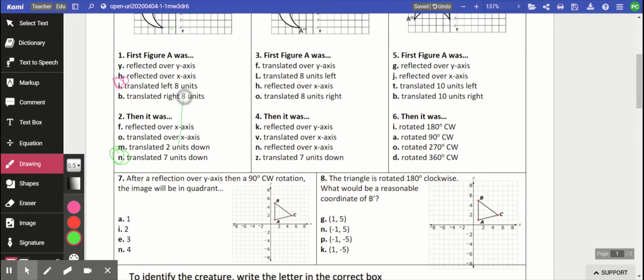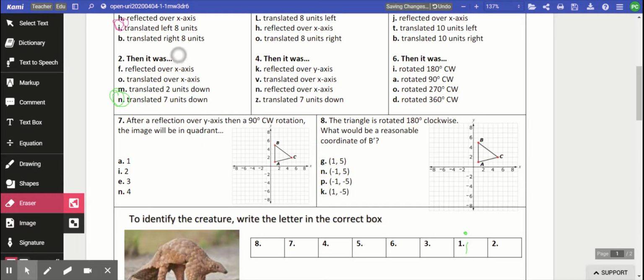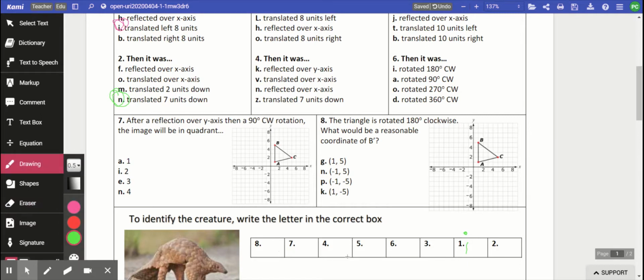Then number 2 was letter N. So number 2 here, letter N.